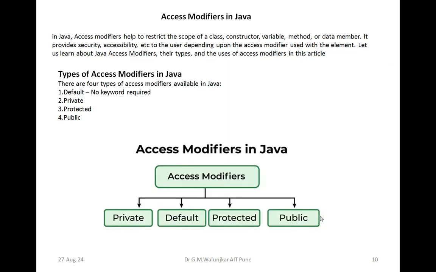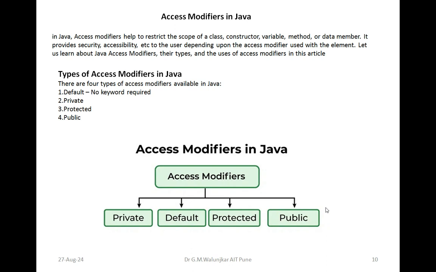Then the next important point that we are supposed to see is the concept of access modifiers in Java. So in normal terms, encapsulation is defined as the wrapping of your data and information under a single unit. So in object-oriented programming, encapsulation is defined as binding together the data and the methods that manipulate them. Whenever we are talking about this concept of access modifiers in Java, they help to restrict the scope of a class, variables, methods, or data members.